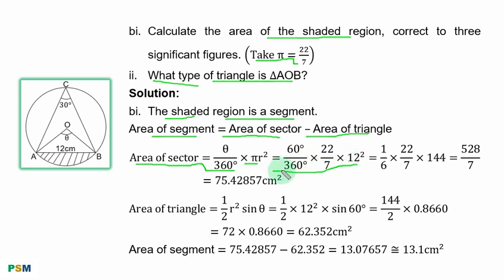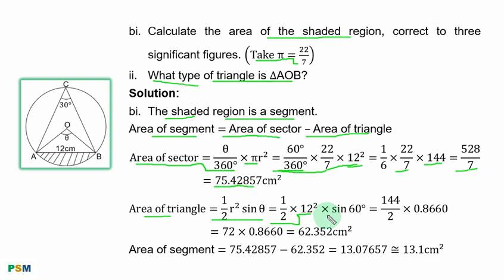If you reduce this fraction, you have 1 over 6 times 22 over 7 times 12 square, which is 144. When you multiply, you have this result, and after division, you have 75.42857 square centimeters.